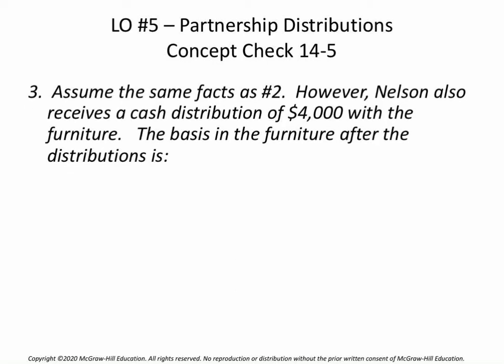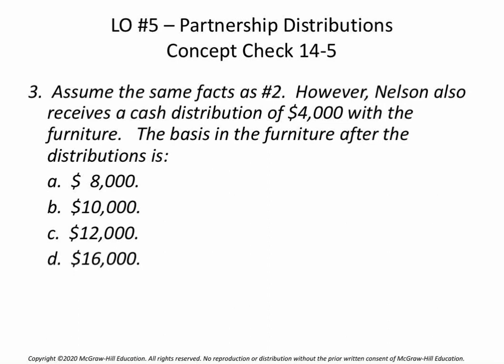So concept check 3. Assume the same, however, if we receive a cash distribution of $4,000 with the furniture, what is the basis of the furniture after the distribution? Here we started with a $12,000 basis in the interest.